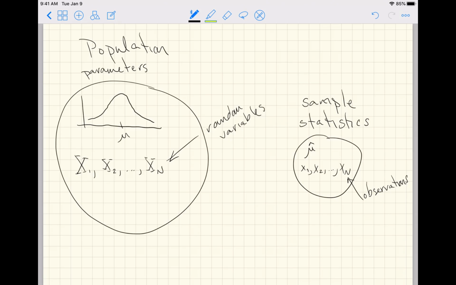And the way we learn about the population is by theorizing. There are random variables that contain information about the distribution and the parameters of interest. And we sample those random variables to get observed values. The observations, the little x1, x2, all the way up to xn, are the values we add up all together and divide by however many there are so that we can calculate the sample mean, mu hat, in order to estimate the population parameters.